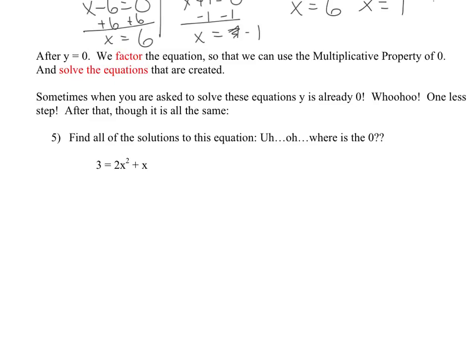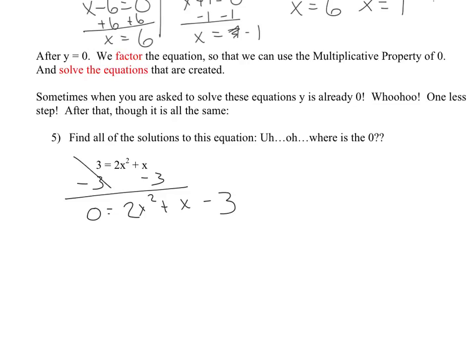Uh-oh. This particular one, there is no 0, and there is no y. So we simply create an equation and solve it so that, look, it's nice and factorable.